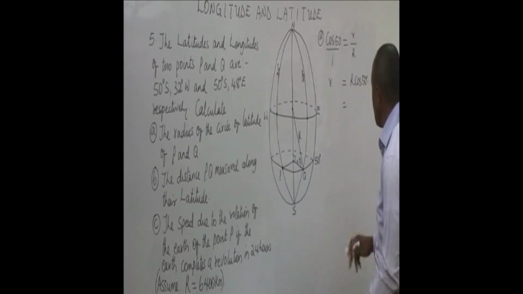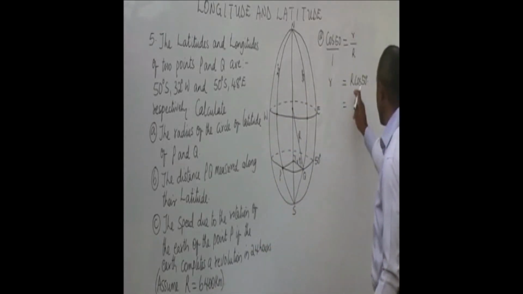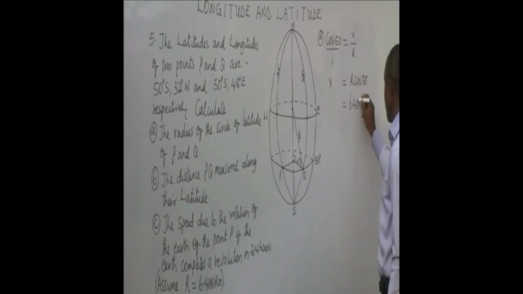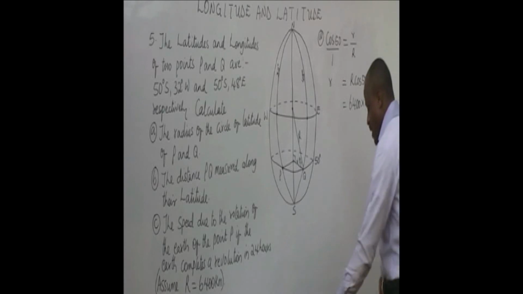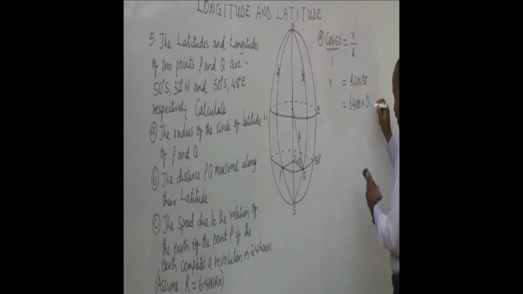Remember, the question says we should use 6,400 for big R. That means we now have, instead of big R, 6,400 times whatever cosine 50 is. Cosine 50 is 0.6428 in 4 decimal places.